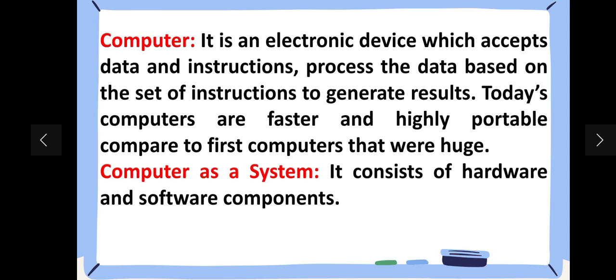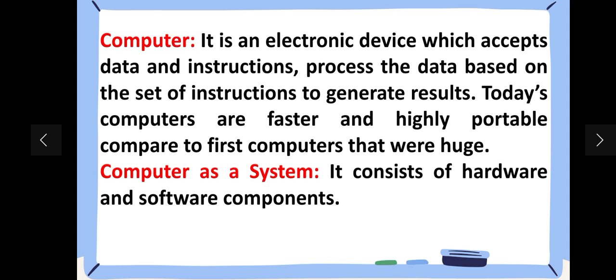It accepts data and instructions, processes the data based on the set of instructions to generate results, which we also refer to as output. Today's computers are faster and highly portable compared to the first computers that were huge.